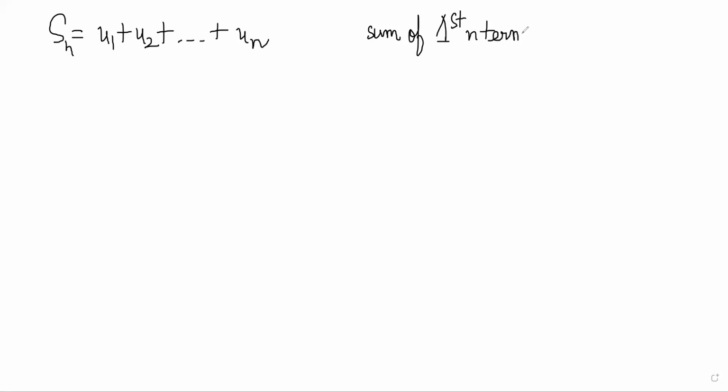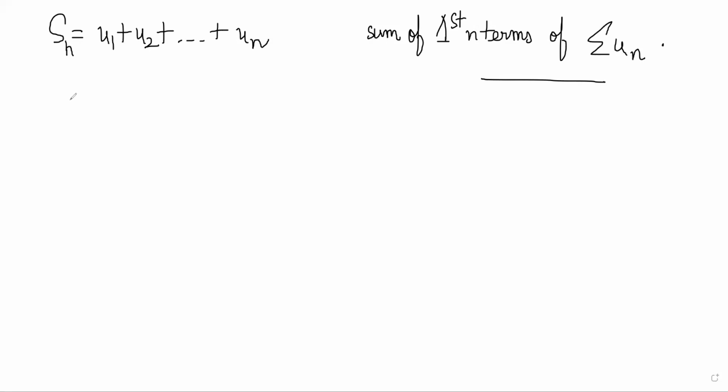So first thing to talk about is what is S of n. S of n is u1 plus u2 till u of n. This is the sum of the first n terms of my infinite series sigma un, right? This infinite series obviously goes on forever.